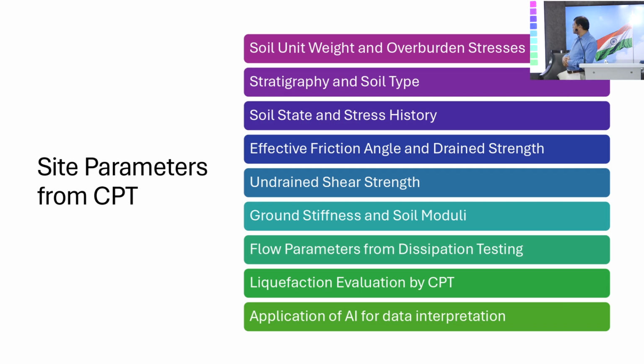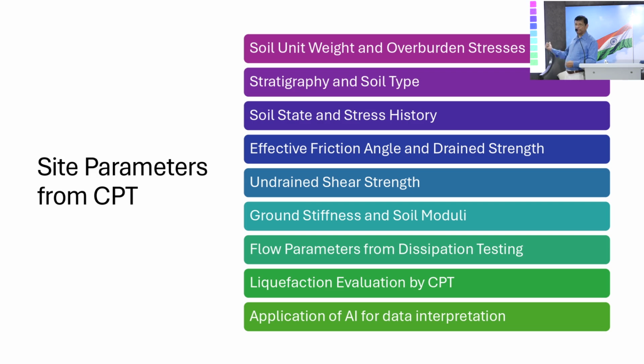Then you also get ground stiffness and soil modeling, like when we do numerical modeling, the Young's modulus is a very important parameter for the stress deformation analysis. Where do you get that?